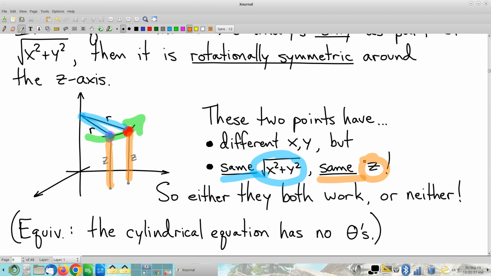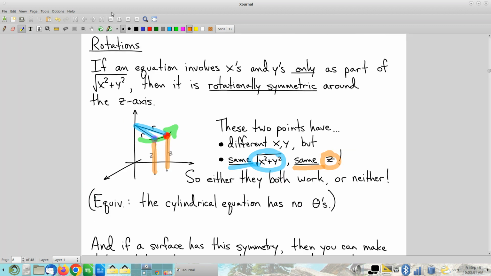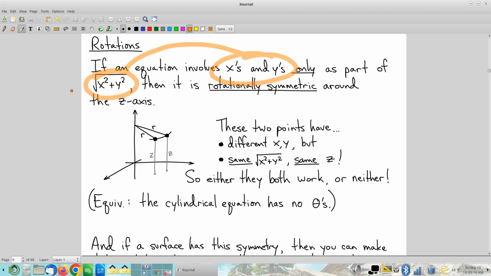Now, if you don't like that argument, here's a different take. Totally different take. Let me clean up the mess. When you convert an equation from rectangular to cylindrical, if x and y only show up in this form, then that part of the equation is going to just turn into r. What else could there be in the equation? There can't be any other x's. There can't be any other y's.